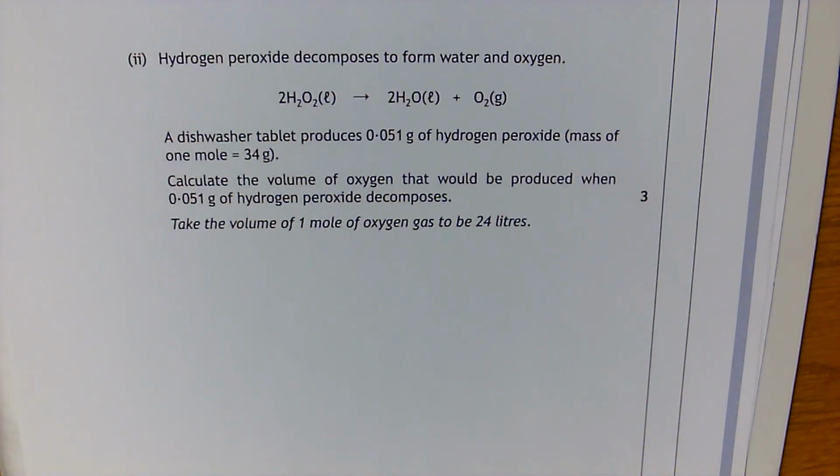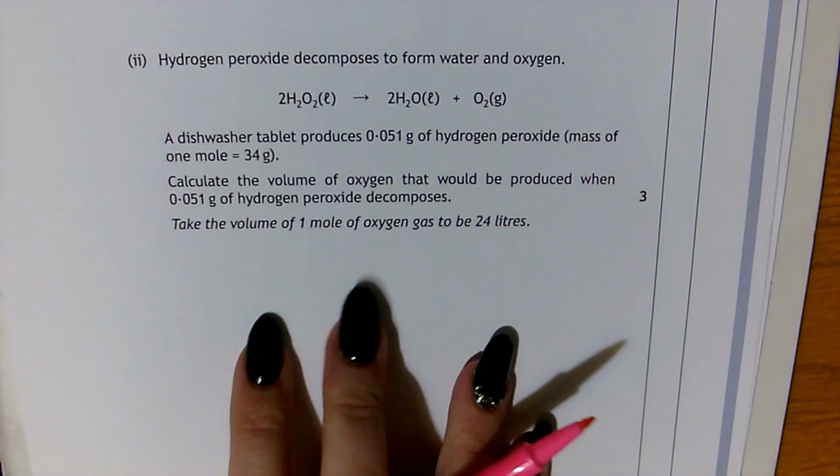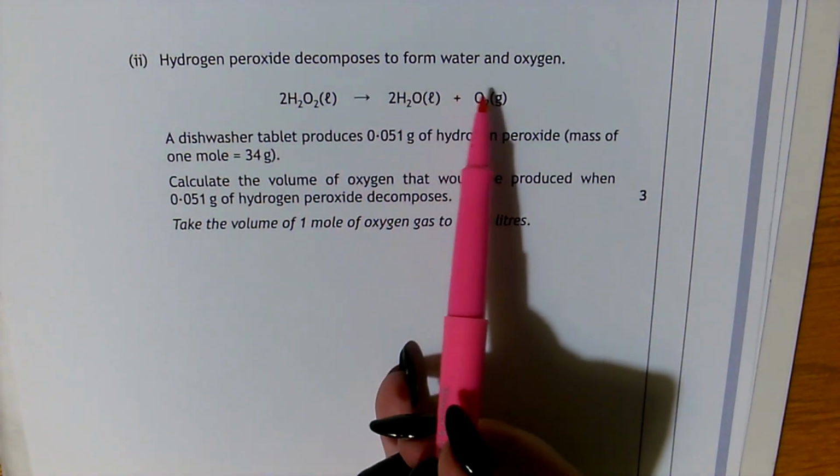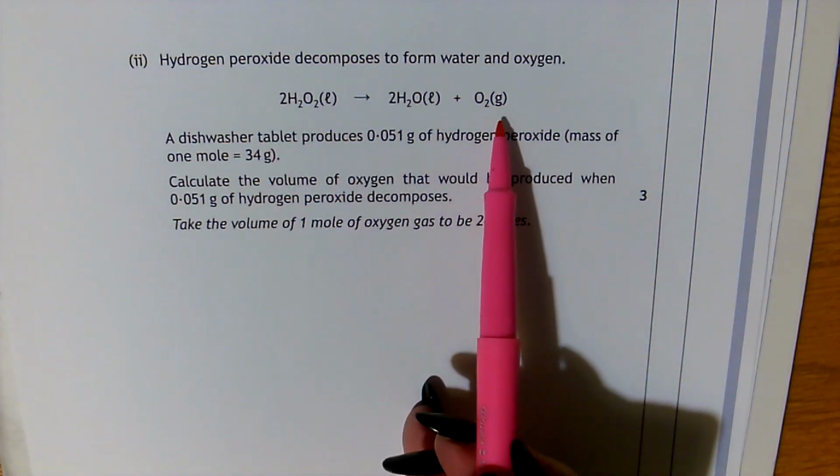Now we are going to look at some molar volume questions that I've pulled from previous SQA exam papers, so that we can see how those questions are formulated and how they're written in the exam. So here it says hydrogen peroxide decomposes to form water and oxygen, gives us a balanced equation.